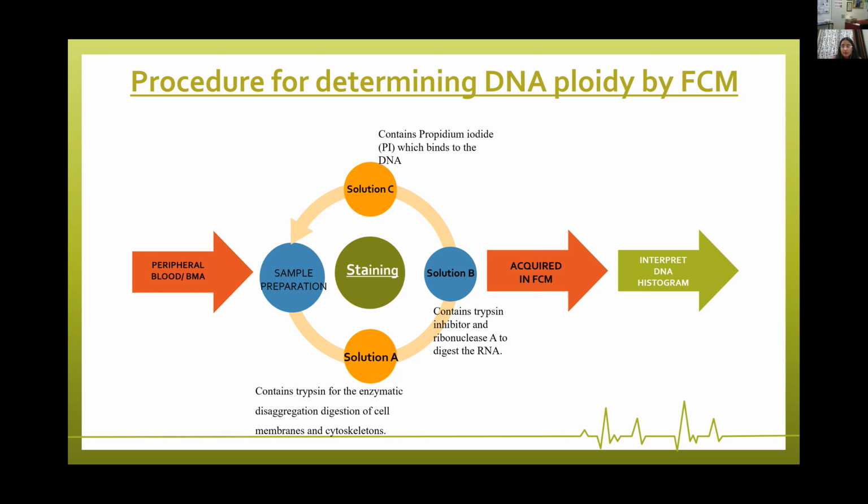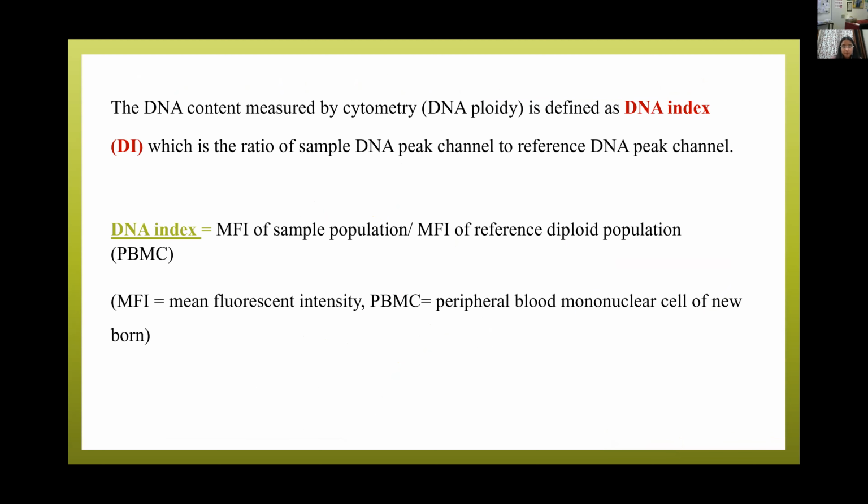After some incubation period, both the samples, the test sample and the reference sample, were acquired in the flow cytometer, and then the DNA histograms were interpreted. The DNA content measured by flow cytometer is defined as the DNA index, which is the ratio of sample DNA peak channel to reference DNA peak channel. The reference diploid population that we took was the peripheral blood mononuclear cells of newborns.